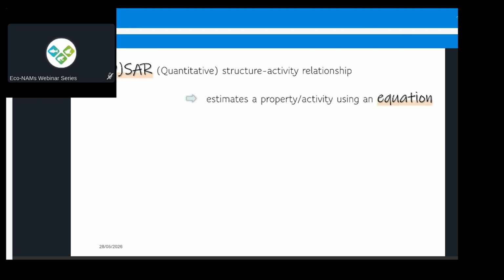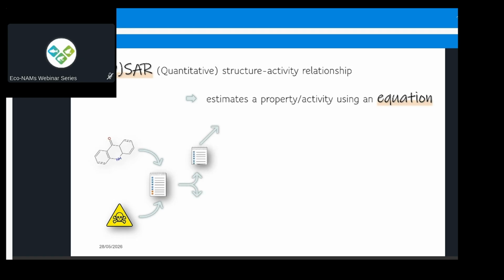To develop a QSAR model, we need a list of chemicals with 2 pieces of information. First, the property or the activity of interest, for instance, 96-hour LC50 values for fish, well-curated values. And the second piece of information is the chemical structures, which should be well-curated and unequivocal.